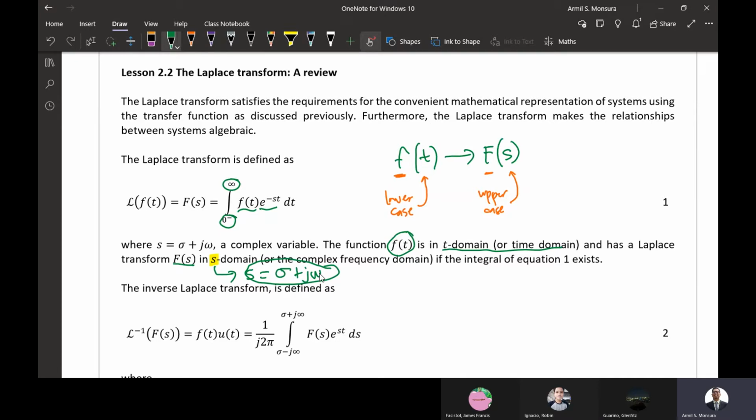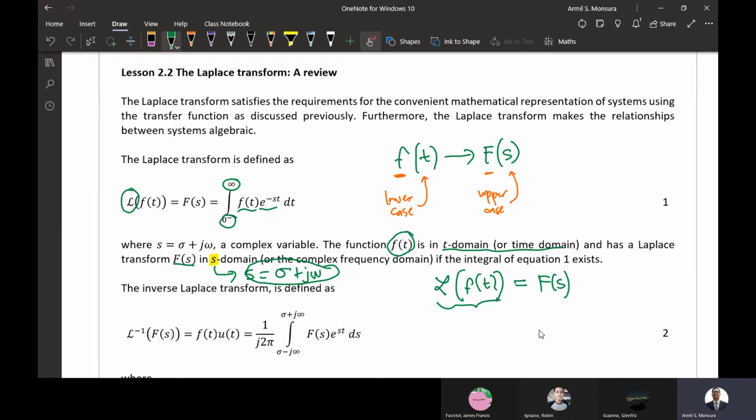Also, another part of our notation is this symbol, which denotes the Laplace operation. We call it script L. It means that we are taking the Laplace transform of your f of t. That is what this means. So if you take the Laplace transform of f of t, that should equal F of s.